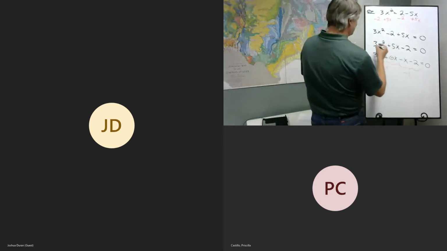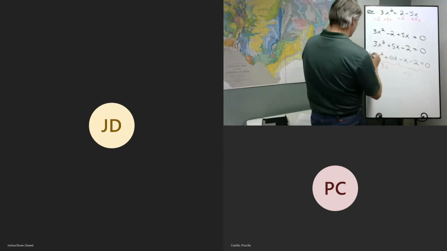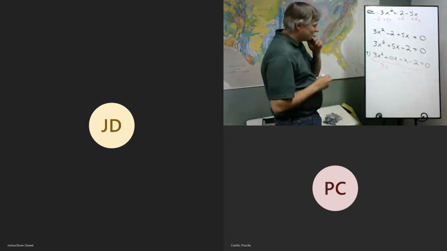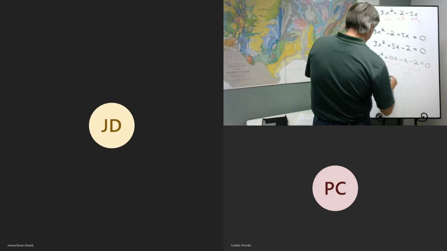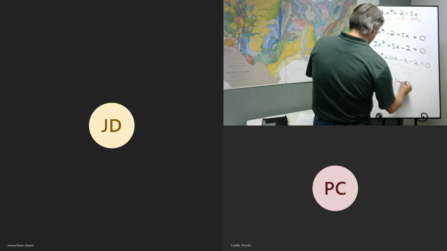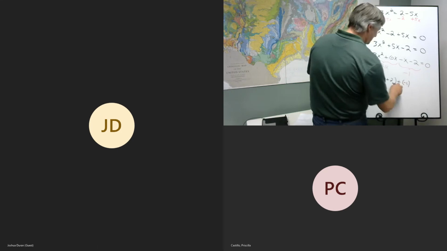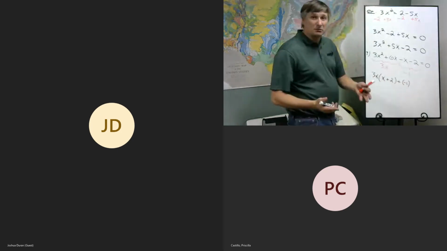So this is our third step in our AC method. So what we'll get is 3x times x plus 2 plus, and then the -1. And again, I always put a plus there with these. That's going to be all right.